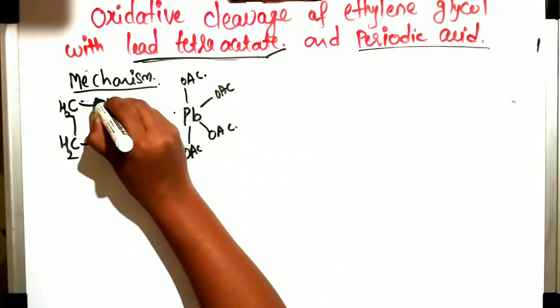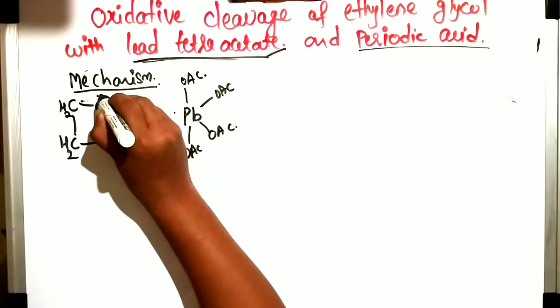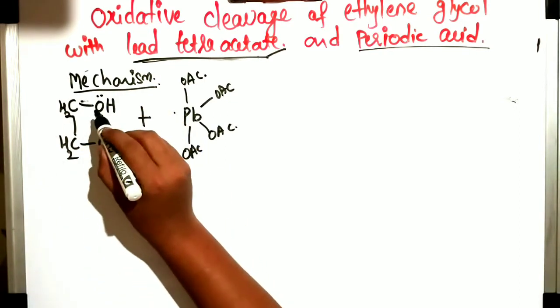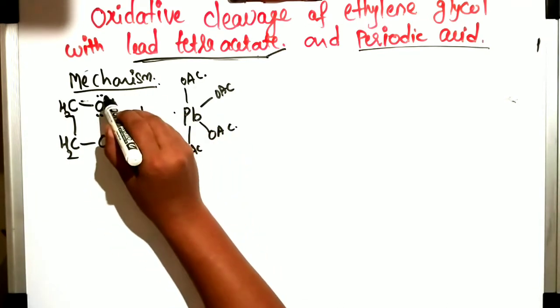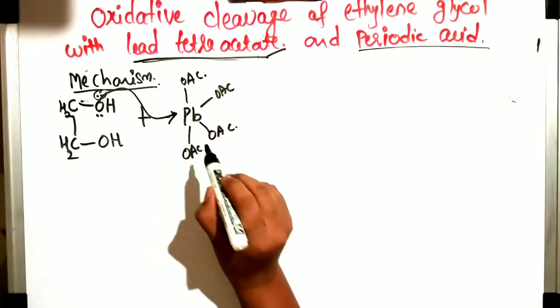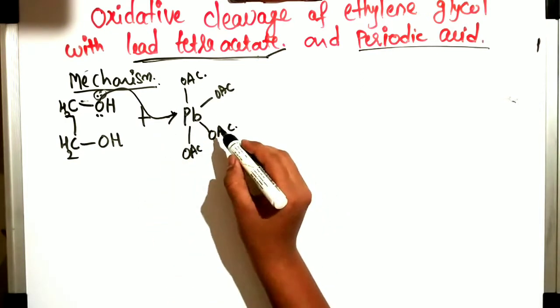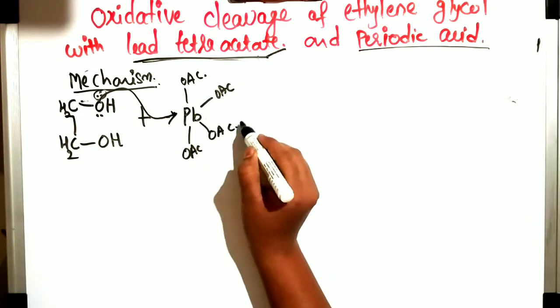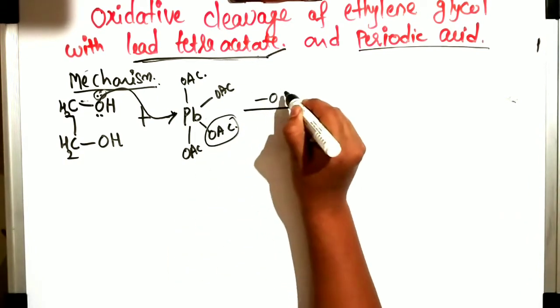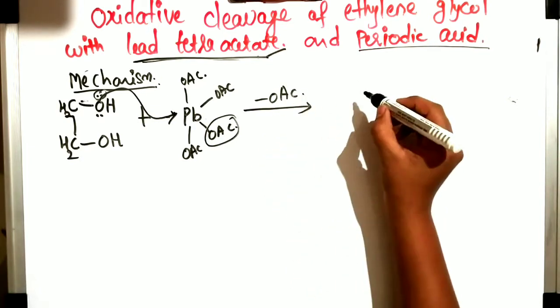Here the oxygen has lone pairs and it will easily attach to the lead, to the Pb. So what will happen? When it attaches to the Pb, one acetate group will be eliminated.